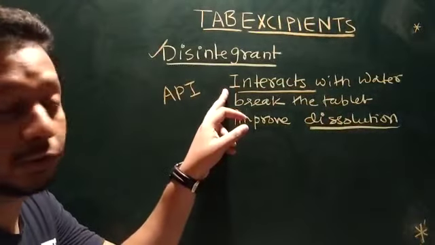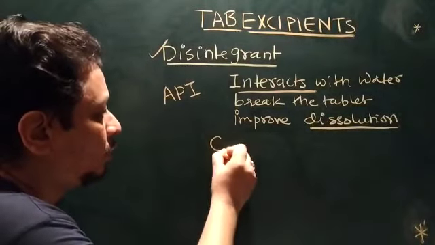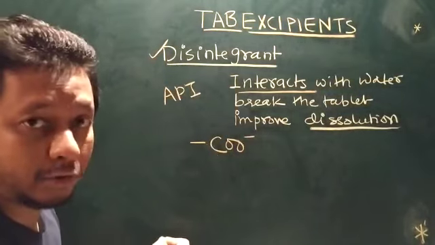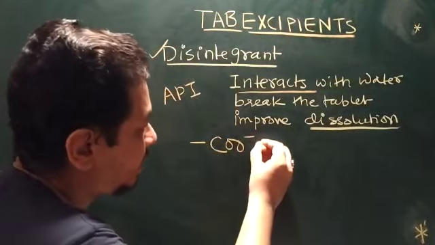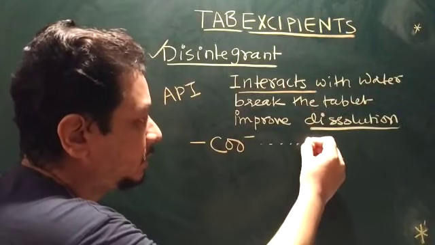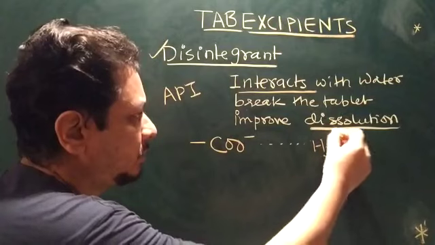Now, how do they interact with water? Disintegrant should have some functional group which helps them interact with water, like a carboxylic acid group, which interacts with water with the help of an ionic bond. Okay, this is water, H3O plus.